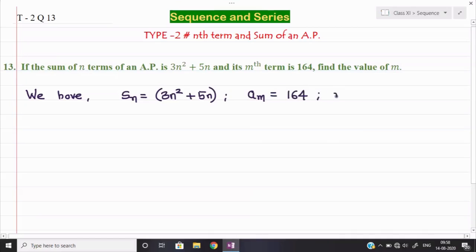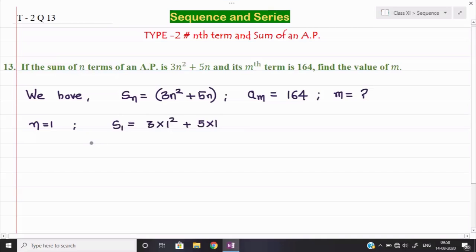Then we need to find out the value of m. Okay, so let us start with Sn. Suppose if I put n is equal to 1, what I will get here? The value of S1. So S1 will be equal to 3 into 1 square plus 5 into 1.